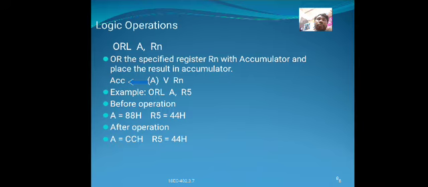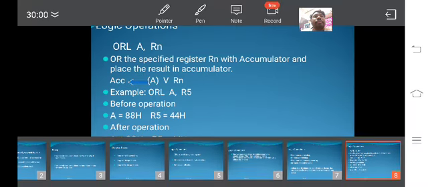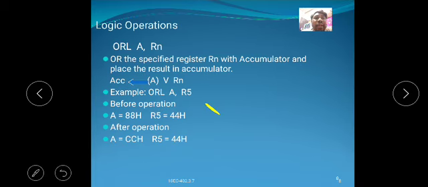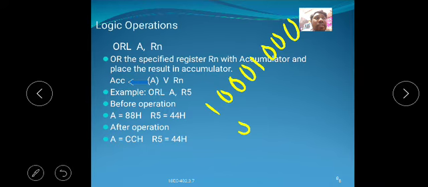That means you have to convert this data. 88H is a hexadecimal number, which can be changed into binary digits, and then the logical operation is applied. Here, 88 is 1000 1000 and R5, 44, is 0100 0100.